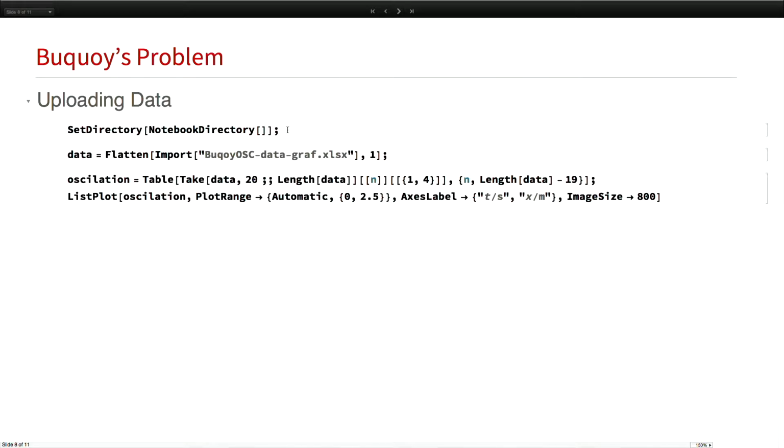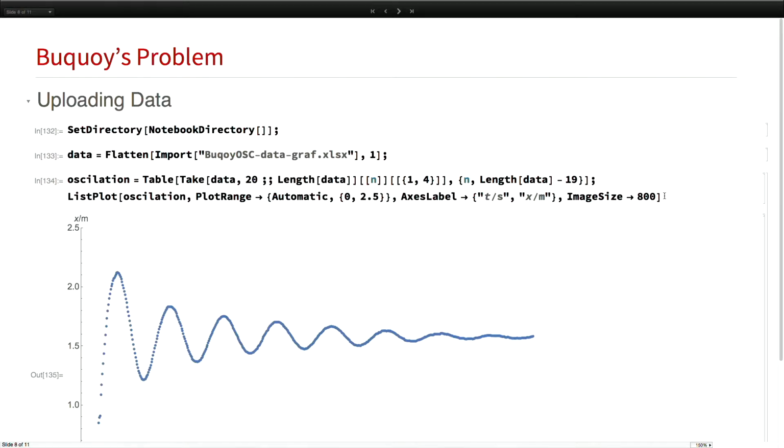If we upload the data at first, we can show how these oscillations, based on the equation in the theory my colleague presented, will look.